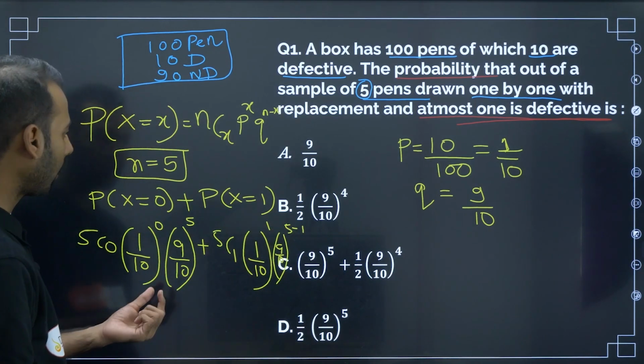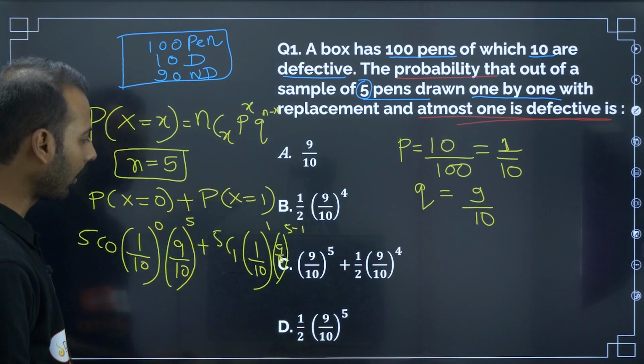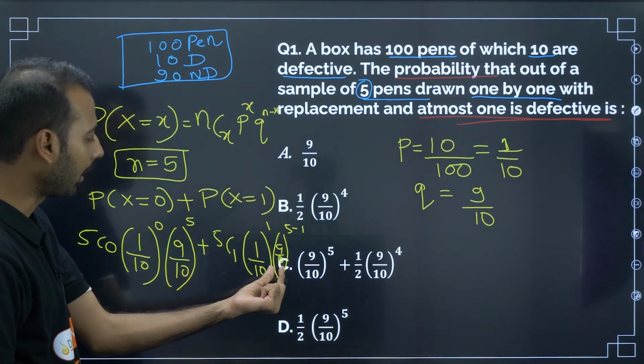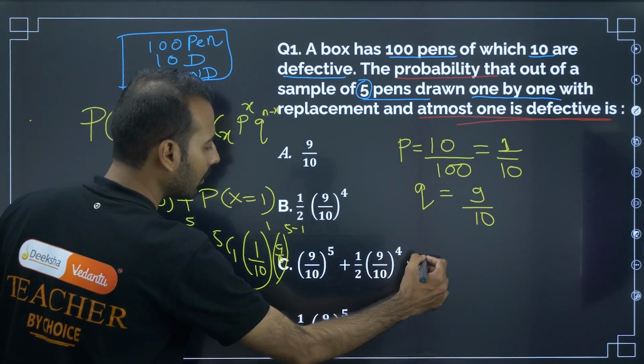So here what are we left with? 9 by 10 power 5, and if you see, this is 5 by 2, 9 by 10 power 4. So the answer for this is C.